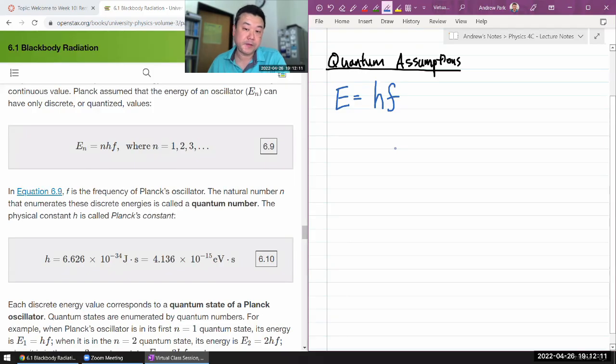It's fundamental that there are several different phenomena you can only fully explain by assuming a quantized, discrete amount of energy transferring, and this is the unit of that quantized energy.